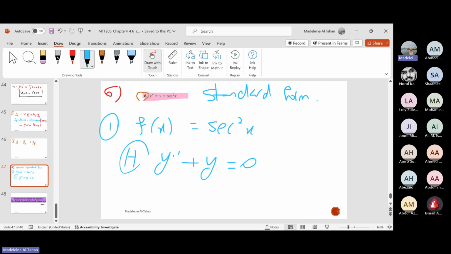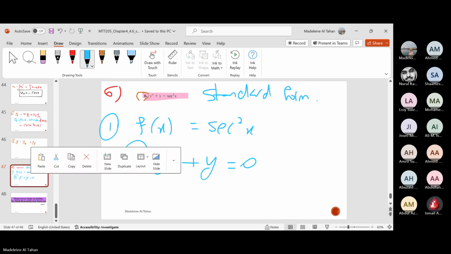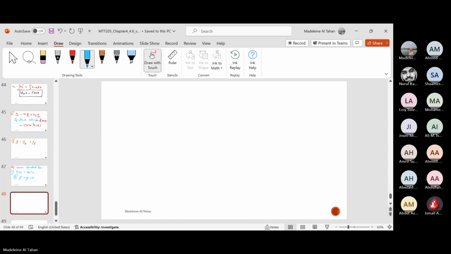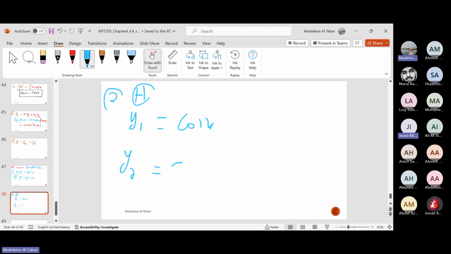Already we solved it in the previous question, right? So directly we can put now what y1 and y2 are. This is cosine x and this is sine x.